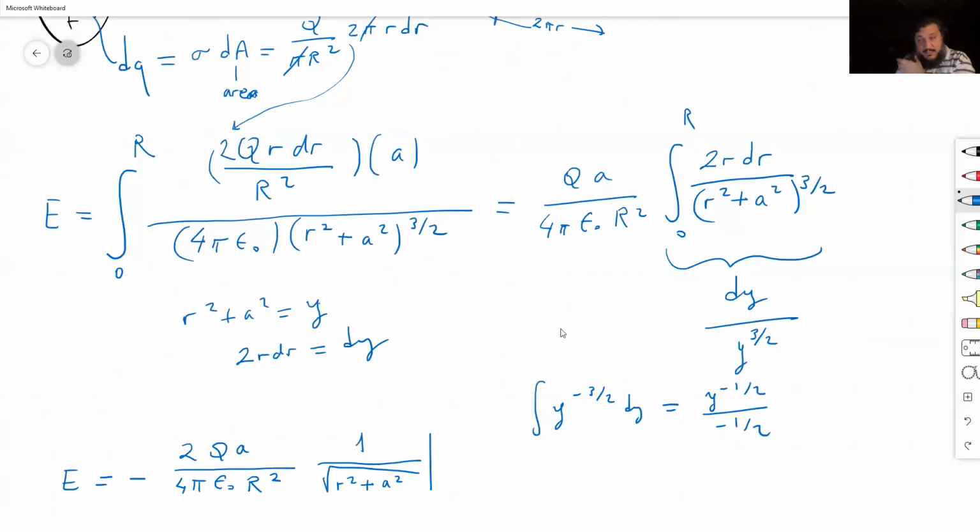The limits: when r is 0, y is a squared.